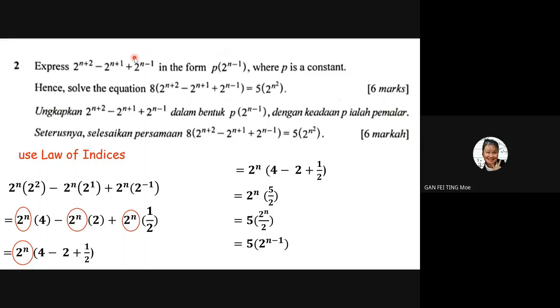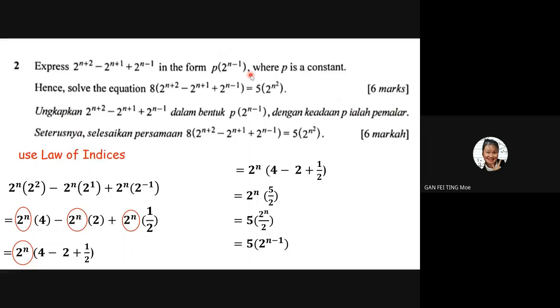Once you sudah menguasai, then it shouldn't be a problem. Now what happened next? So this is what you have. Now you compare this with this. Adakah dia sudah sama? When dia sudah sama, therefore your P should be 5, where P is a constant.